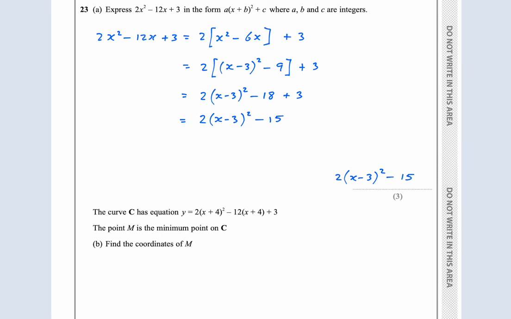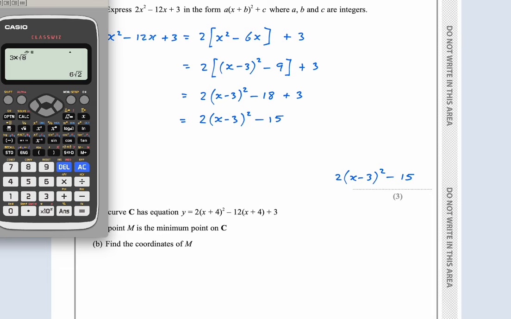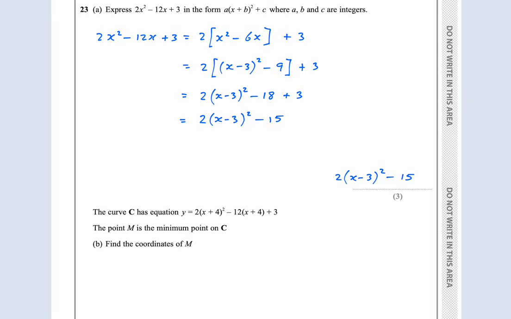My quicker, much easier way to do this, guys, is you go to menu, go to equation, go to polynomial, degree 2, you put in your 2, you put in your negative 12, and you put in your 3, press enter, and then forget the x1 and the x2, but the min is 3 and minus 15. So I like to write min is 3 and minus 15.